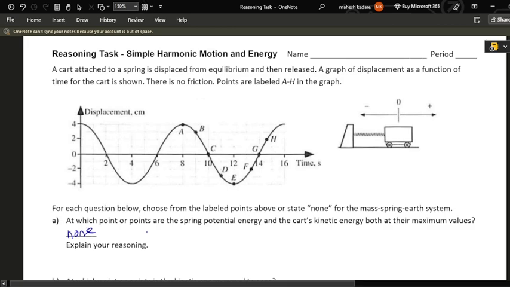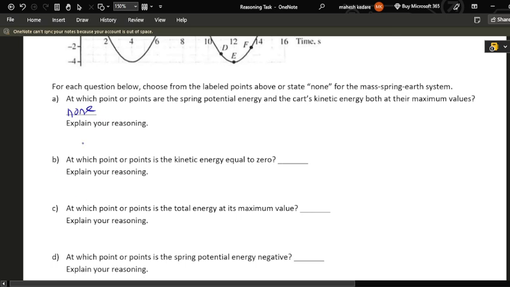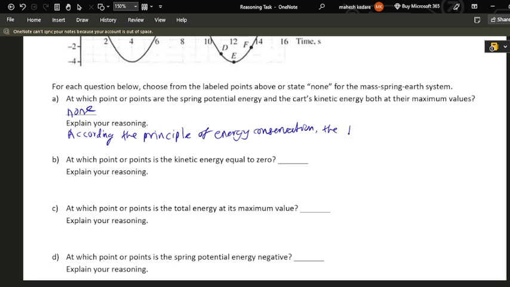Now, we can explain it. According to the principle of energy conservation, the potential energy and kinetic energy convert into each other to keep the total energy constant.